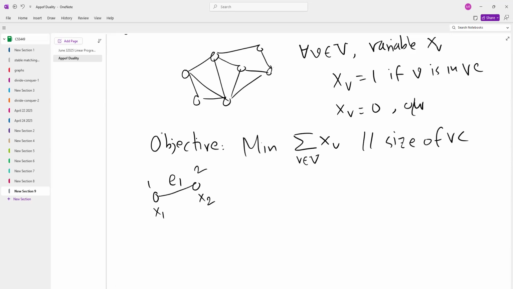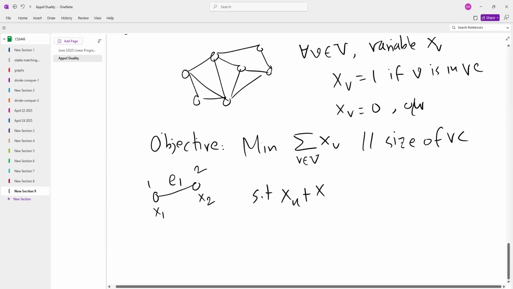If this is 0 and this is 1, that is also okay. And if both are 1, that is also okay. So how would I write the constraint for this edge? xu plus xv has to be greater than or equal to 1, for all edges uv in the set of edges.